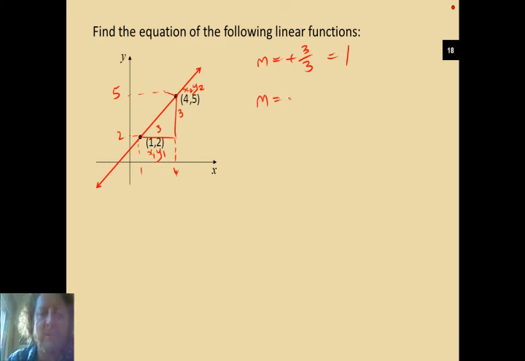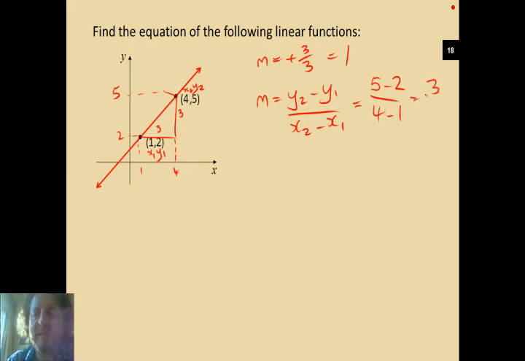Then I'll say my gradient is y2 minus y1 over x2 minus x1. Remember, it's always the y's on top because it's a vertical rise over horizontal run. No x's on top, it's the y's. The y2 is 5 minus y1 of 2. The x2 is 4 minus x1 of 1. It's a 3 on 3, deja vu, equals 1.